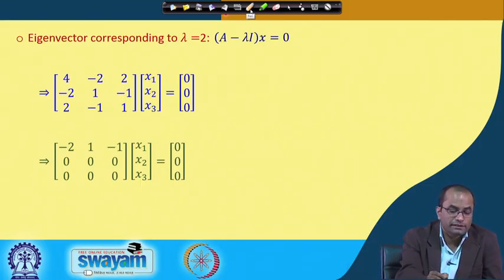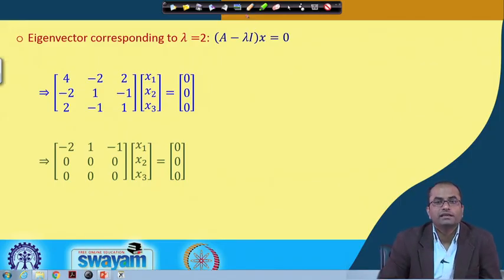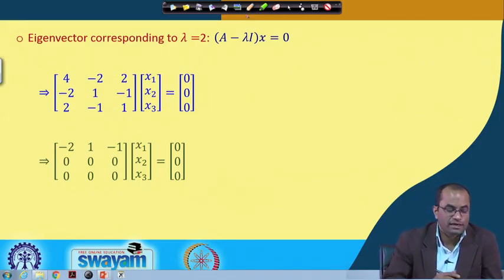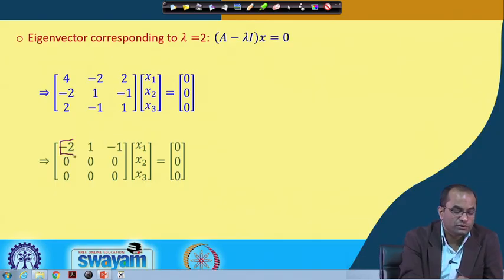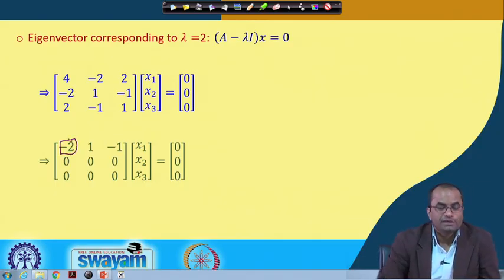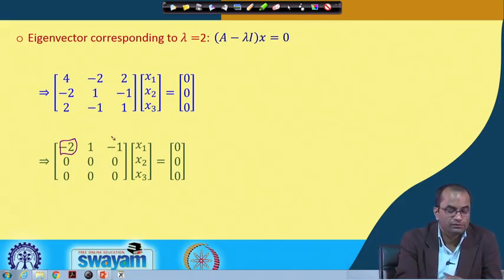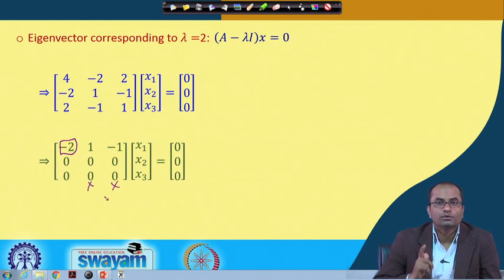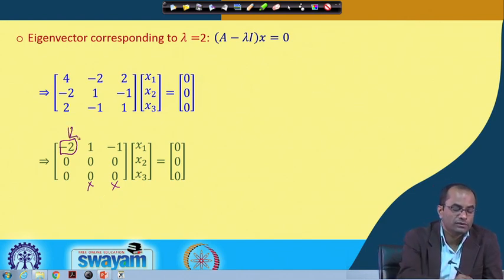Now we can identify how many linearly independent eigenvectors we are going to have in this particular case. Here the pivot element is minus 2, and column number 2 does not have a pivot. Here also we do not have a pivot. So, there is only one pivot, in column number 1.